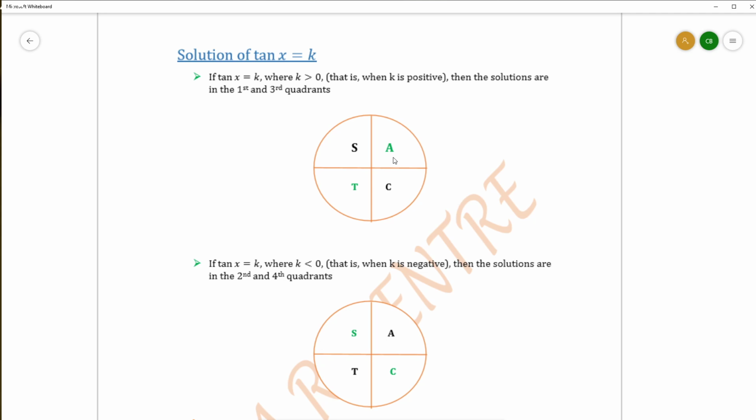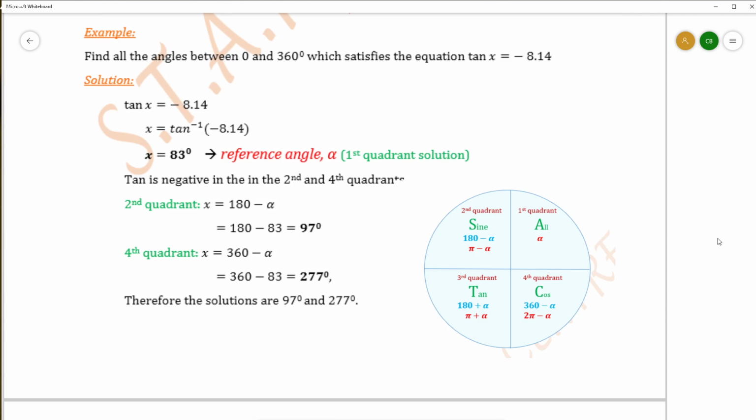And we can see from our diagram, tan would be positive in the first quadrant and the third quadrant. If tan x equal k, where k is less than 0, that is when k is negative, then the solutions would be in the quadrants where tan is negative, and that would be in the second quadrant and the fourth quadrant. Let's look at an example.